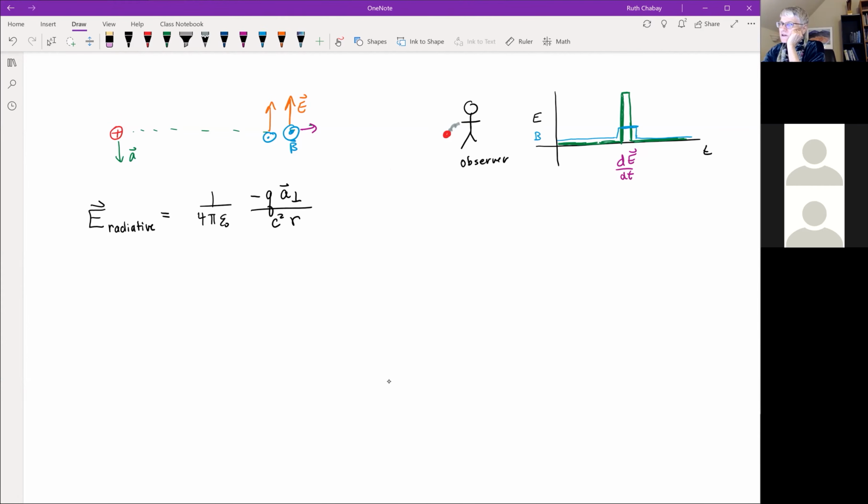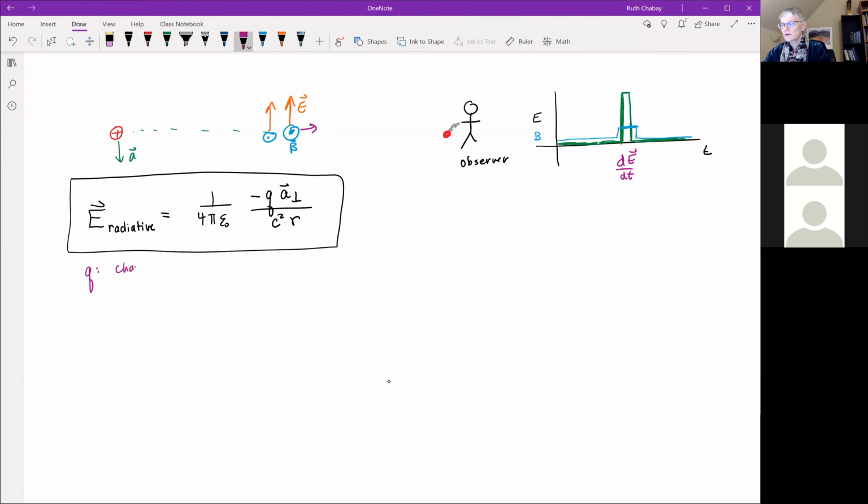So let's look at this equation and see what's familiar in this equation and what isn't. So what's familiar? Well, we know what 1 over 4 pi epsilon 0 is. That's just the constant. Q is clearly the charge of the accelerated particle.